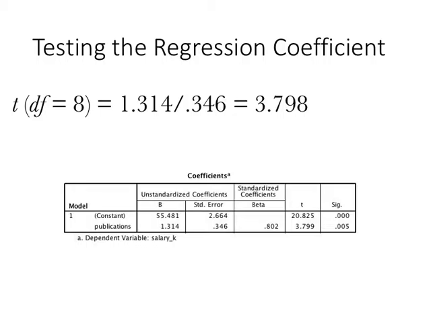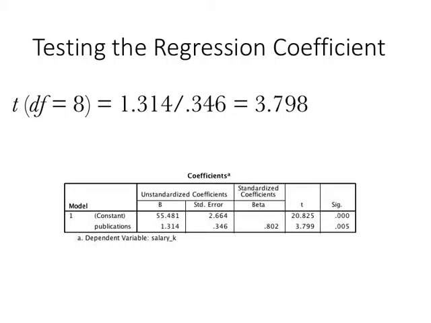Yeah, and that's the interpretation that we'll always have for B. For every one level increase or decrease, there would be B amount of change in the predicted value of Y. And just think about the equation for a straight line, right? Y is equal to the intercept plus B times X, and X in our case is number of publications.